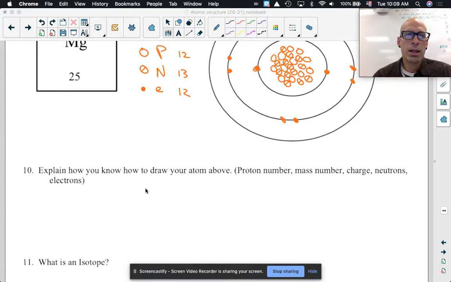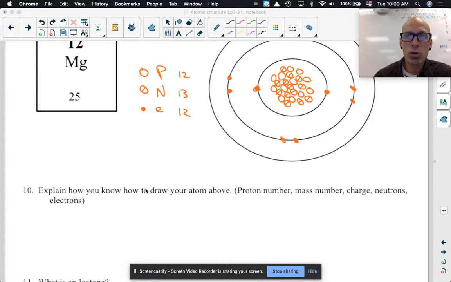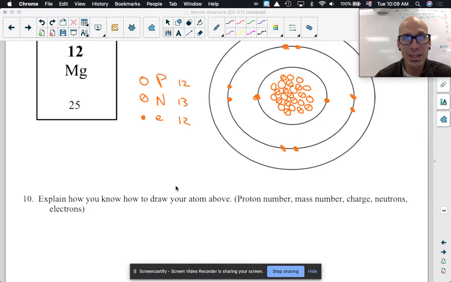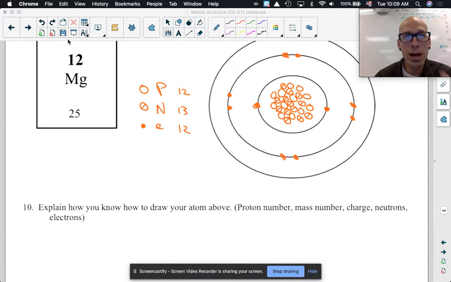Now, for number 10, how do you know how to draw the atom above? So how do you know the proton number and the mass number and the charge and the neutrons and electrons, all that stuff? Well, again, that's what we've been saying. You know the proton number because it is the atomic number. That's what it's called. The atomic number is the proton number. How do you know the mass number? Well, it told you that that is the mass number.